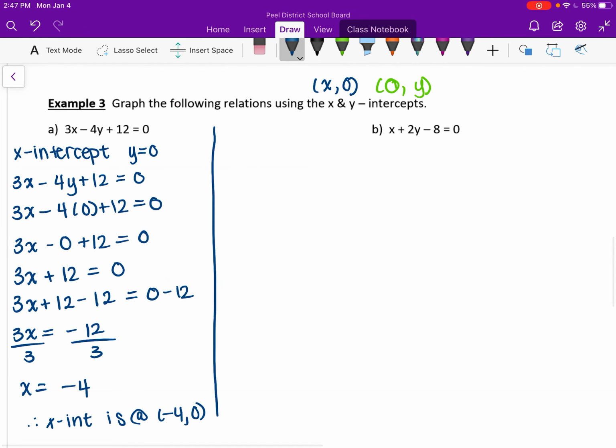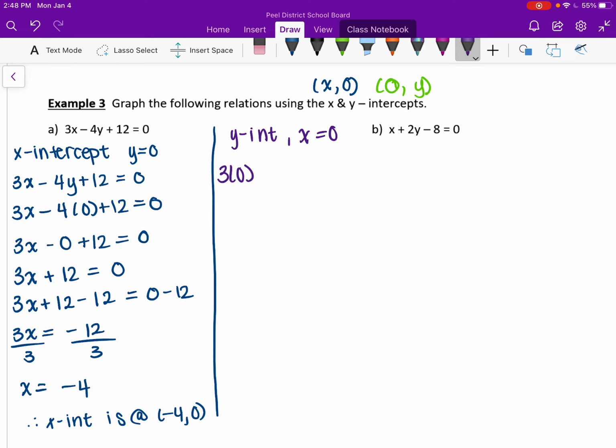Okay, and I'm going to do the same thing on the other side, just for my y-intercept. And I'm just going to change this color to, I like this color. Y-intercept is when x is equal to 0, right? Because the opposite one is equal to 0. So I'm just going to plug it back into this 3x minus 4y.